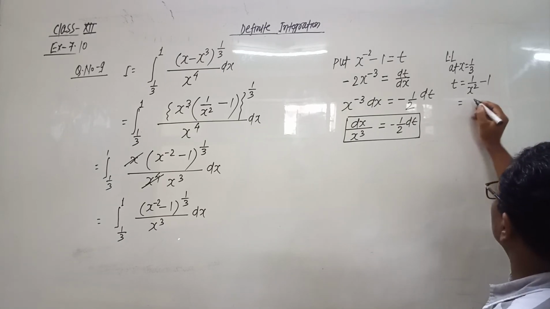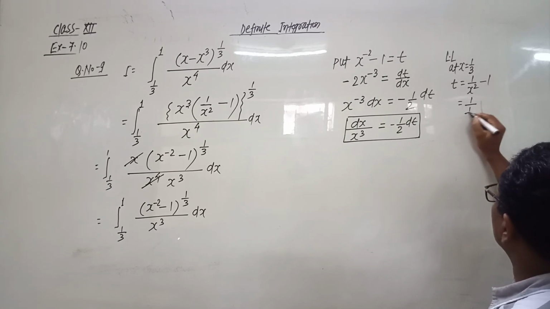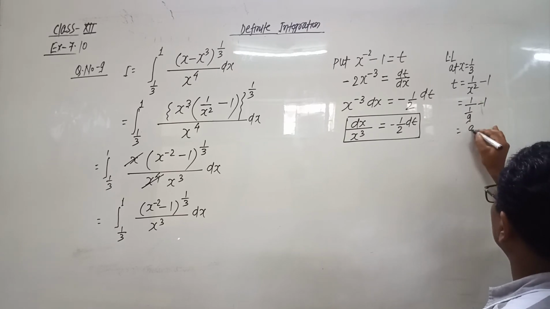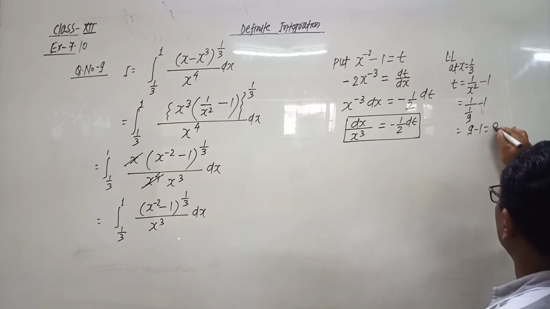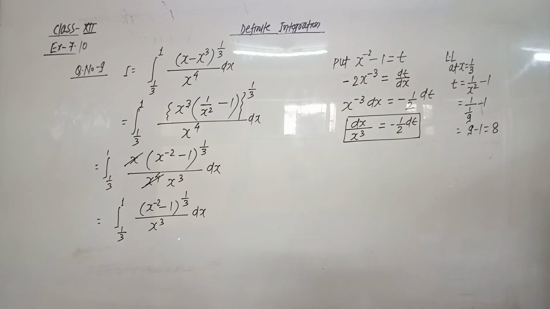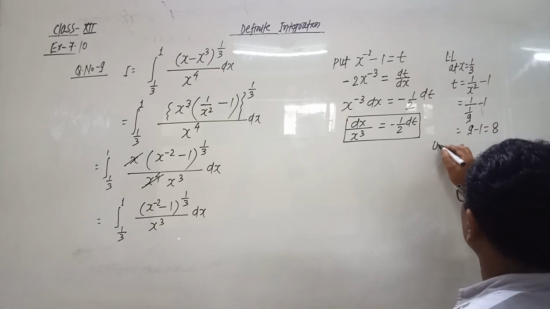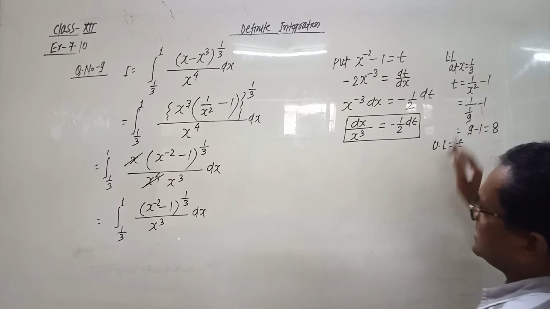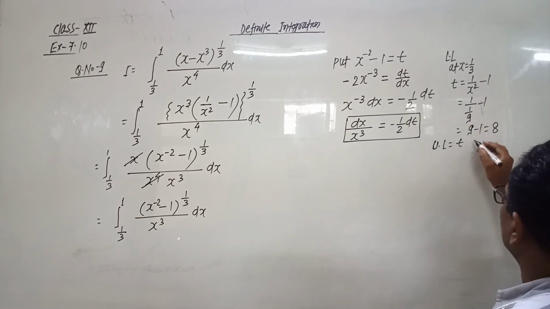So this becomes 1 upon 1 by 3 the square, means 1 by 9, minus 1, and it becomes 9 minus 1 equals to 8. So the lower limit comes to be 8, and for finding the upper limit we put the value of x equals to 1 at this place.